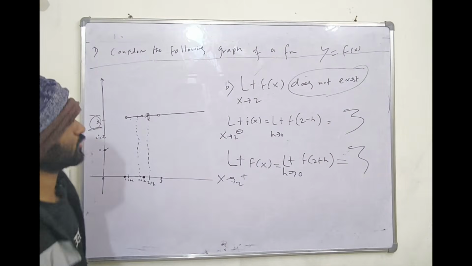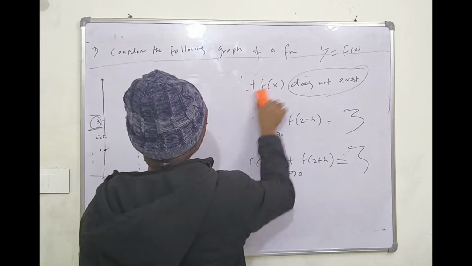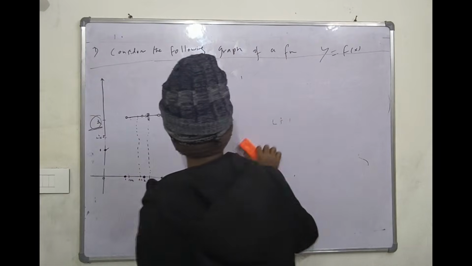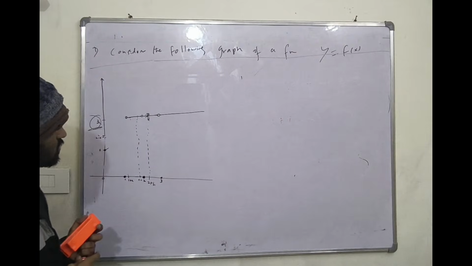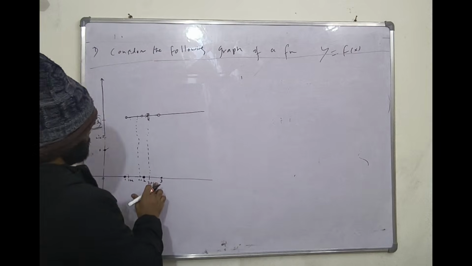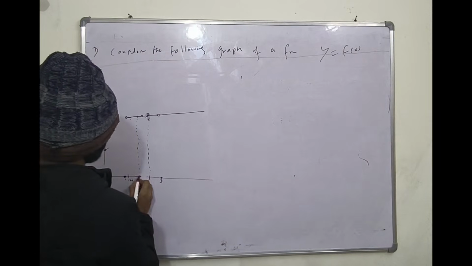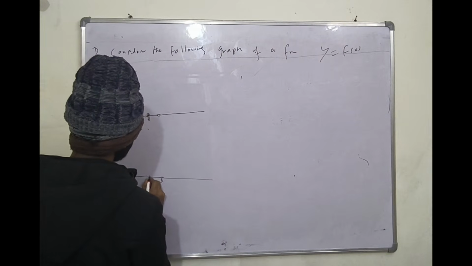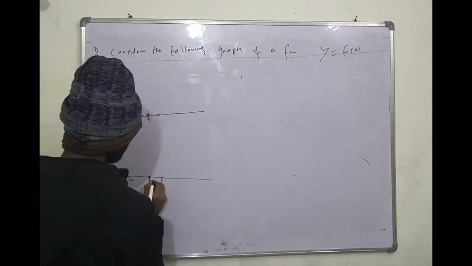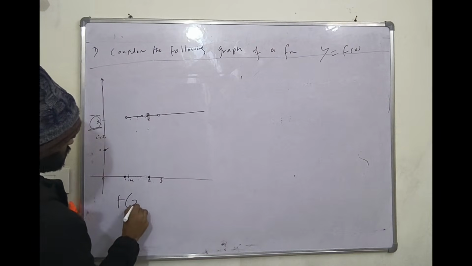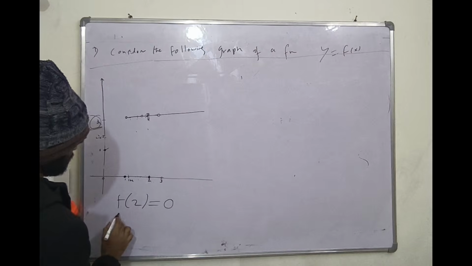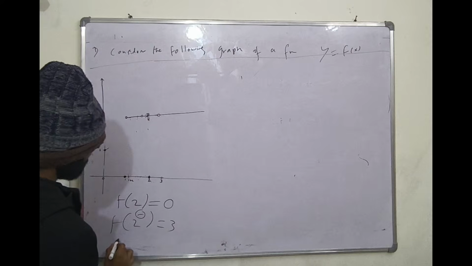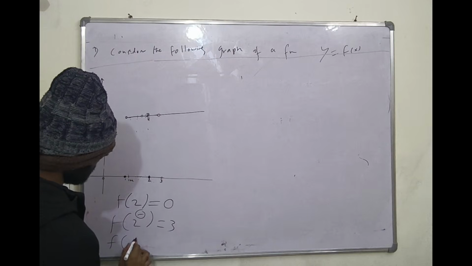So there is one note point here, be very careful. In this example, in option B, before option also, at x equals 2, the value of f of 2 is 0. Okay, f of 2 minus is 3, f of 2 plus is 3.